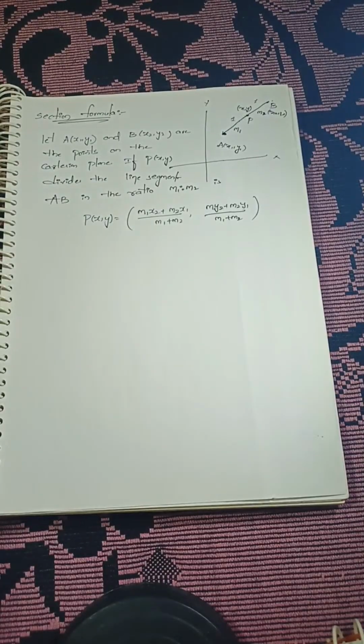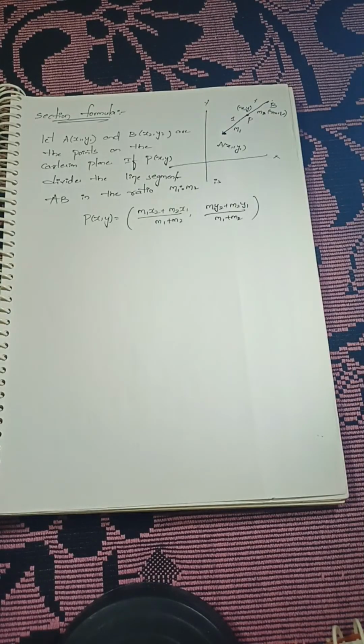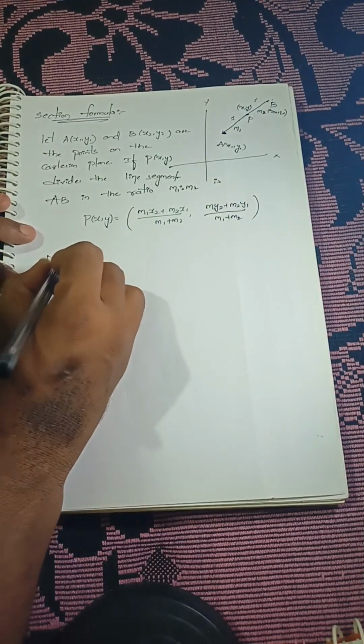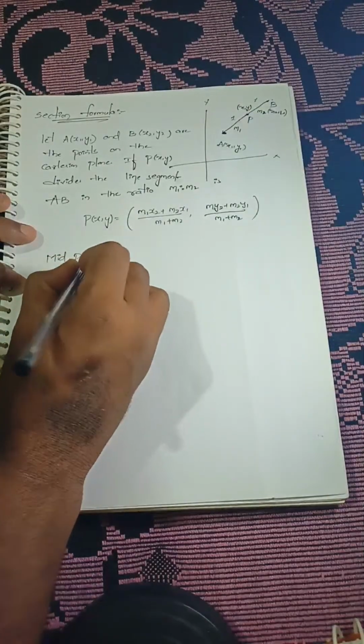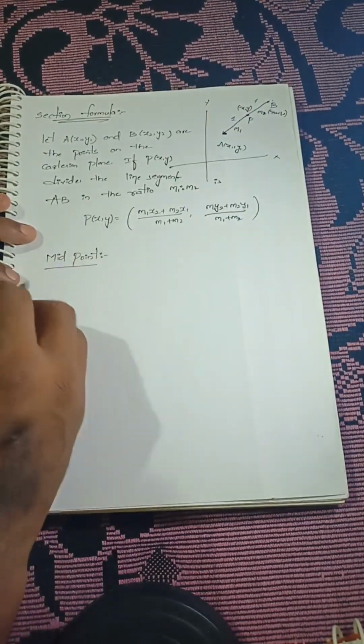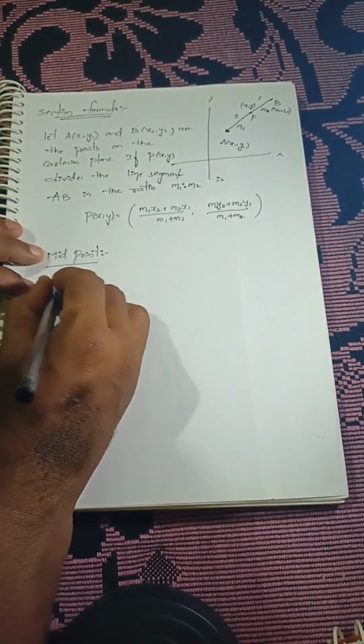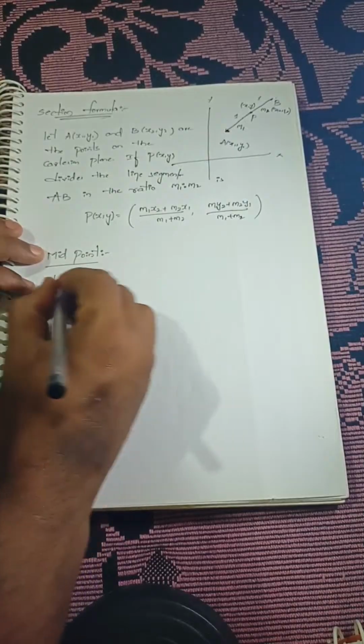And the next one is the midpoint. We have one formula called the midpoint formula, that also I am going to write. So what is meant by midpoint? Midpoint is related to the same thing, but we have to find out the middle value, that's it.